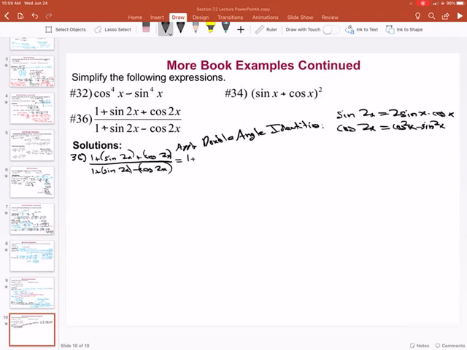So it's equal to 1 plus, well, sine of 2x, 2 sine x cosine x, plus cosine 2x, which is cosine squared x minus sine squared x, all divided by, in the denominator, same thing, 1 plus sine of 2x, which is 2 sine x cosine x, minus, and again, it's important to keep your parentheses around these as you're plugging in these new expressions from the identities, because we will need to distribute on that next step.